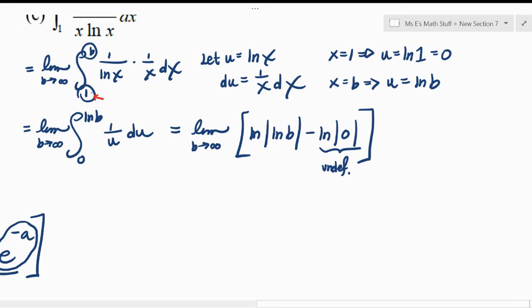But the issue is this: if you think graphically, whatever the graph of this original function looked like, at 1, it's undefined, but the good news is that we're approaching 1 from the right. So if you think about whatever the area looks like, we're approaching 1 from the right.